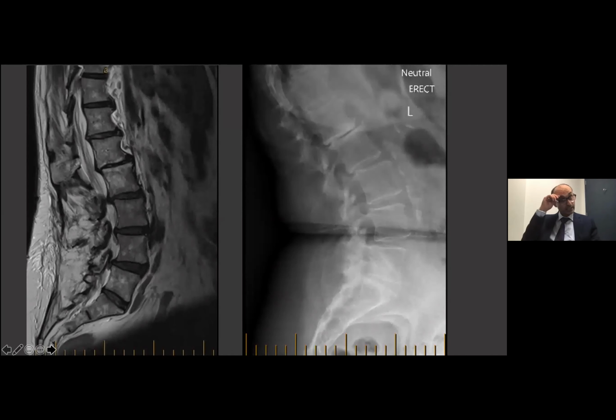This is another example of why CT scan is really, really good to show you the alignment changes. That's the same patient I showed in the first picture with the spondylolisthesis of L4-5, and this is her MRI scan. It's pretty much back to normal. So you could easily miss that if you don't start with X-ray.